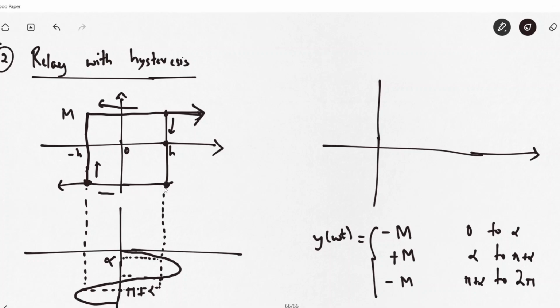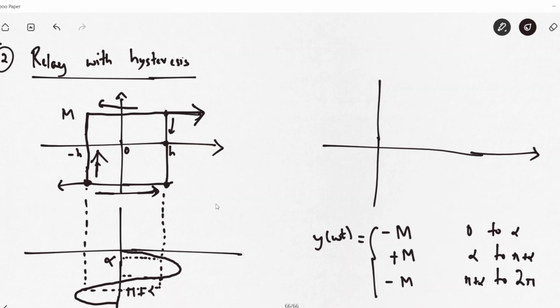So until 0 to alpha included, the output will still remain minus m. Only at alpha will this switch over to plus m. It will not traverse this path at pi plus alpha, it will traverse this path. That's what happens with hysteresis. Our original path is not traversed, a different path is obtained in either direction. So from 0 to alpha, this will have been continuing from some previous cycle that would have already taken place.